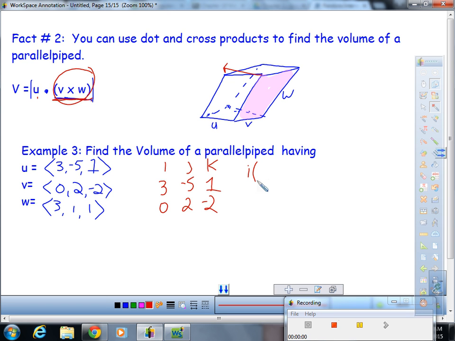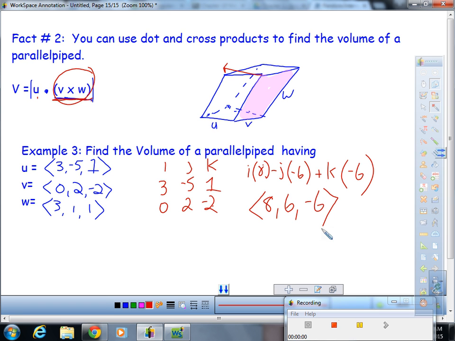Okay, so you get I times 10 minus 2 is 8, minus J times -6, plus K times 0 minus 6. No, K, yeah, that's right. So I believe it is 8, +6, -6.